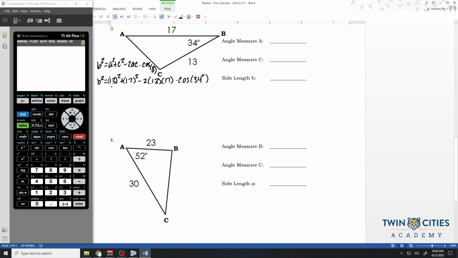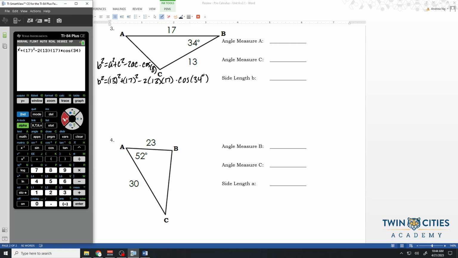And I can actually just plug in all of this into the calculator. So that'll be 13 squared plus 17 squared, and then minus 2 times 13 times 17 times the cosine of 34 degrees.